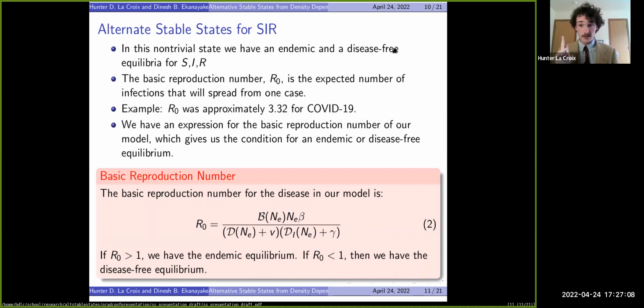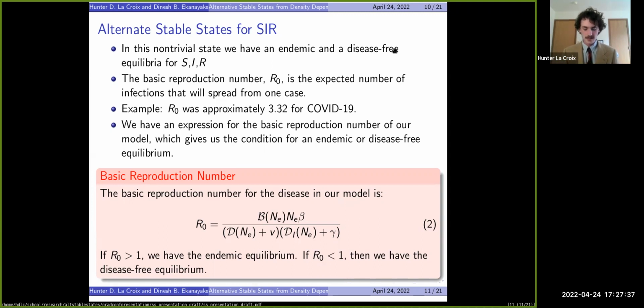So for every one person infected by COVID-19, 3 more people were expected to get infected by them. And with our model, we were actually able to get an expression for the basic reproduction number. Based on its value, we get 2 different stable states. One is endemic, whenever R naught is greater than 1, meaning the infection is going to spread faster than it declines. And whenever R naught is less than 1, we have a disease-free case.